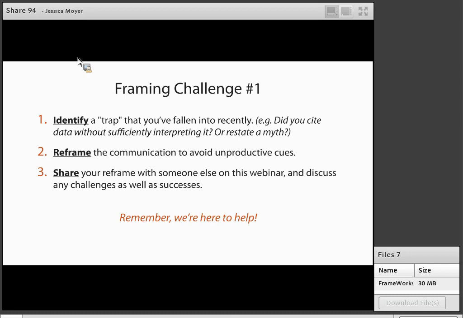So maybe you cited a piece of data without sufficiently interpreting it, without ensuring that your message was stated clearly and explicitly first, and that the data you included supports that message, doesn't overshadow it, and certainly doesn't leave room for multiple interpretations of it. Or maybe you've created a myth fact sheet recently.